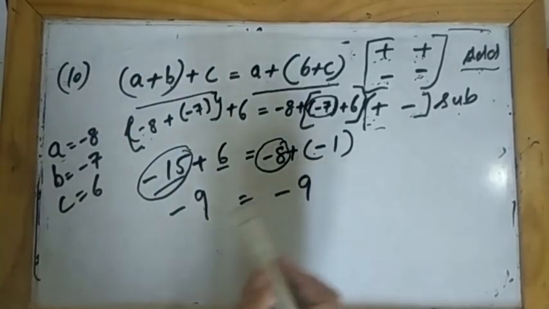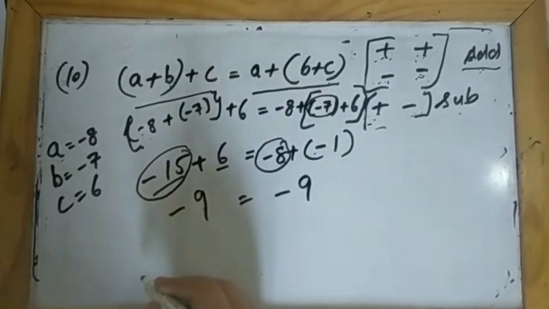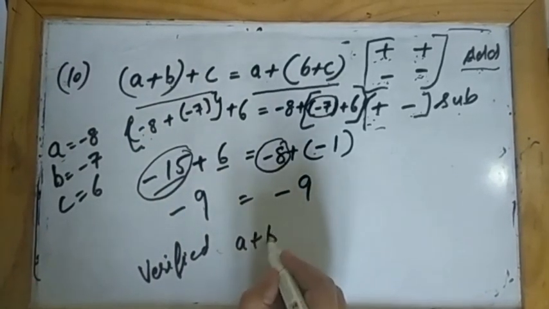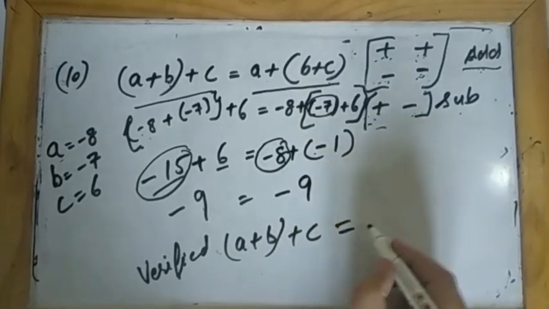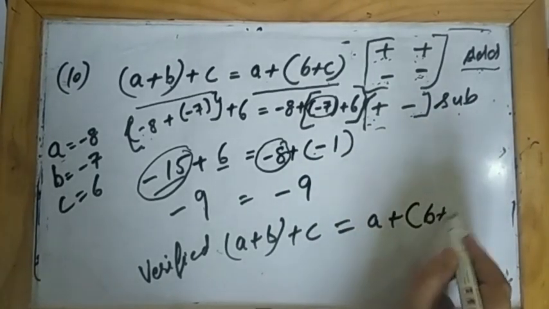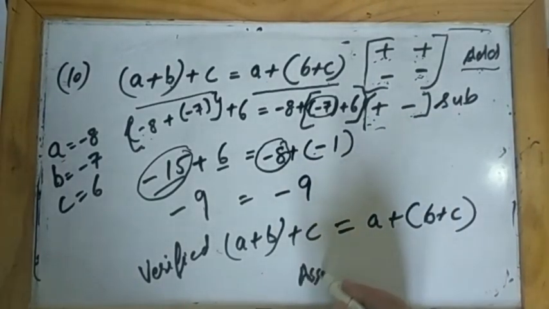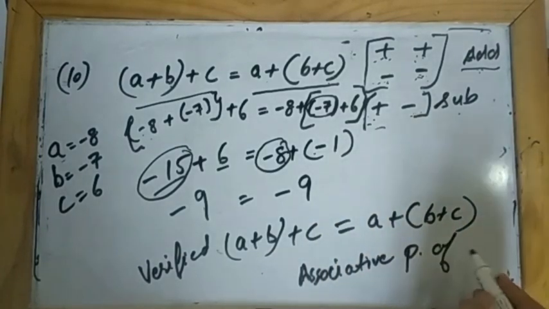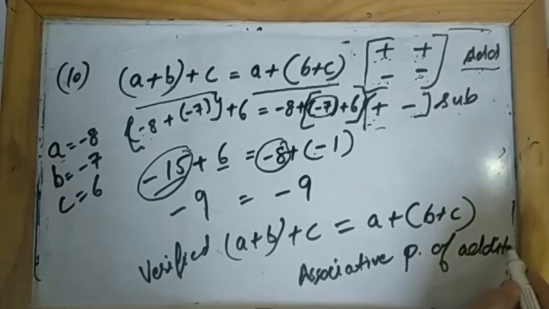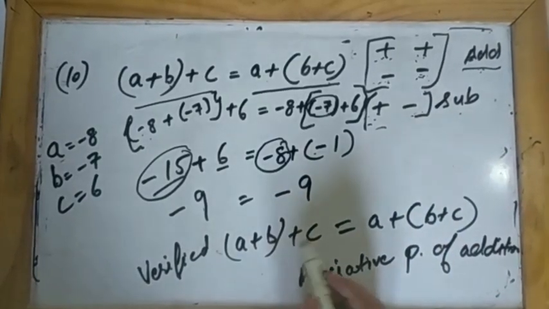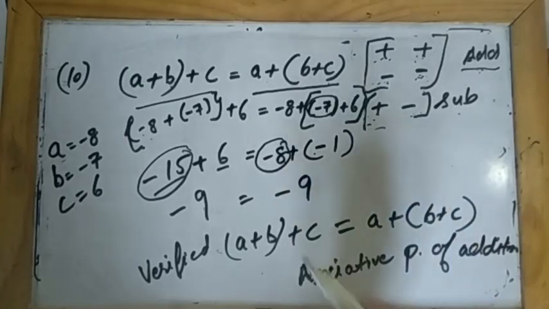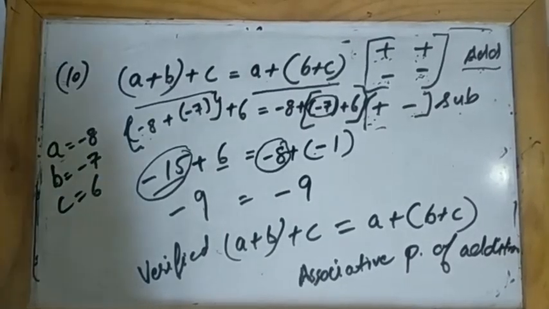So both of them are equal. So I have verified that A plus B plus C is equal to A plus B plus C. So this is associative property of addition, which says if you take three numbers and add them, and if you change the order of the numbers and same numbers and again add them, the answer will be the same.